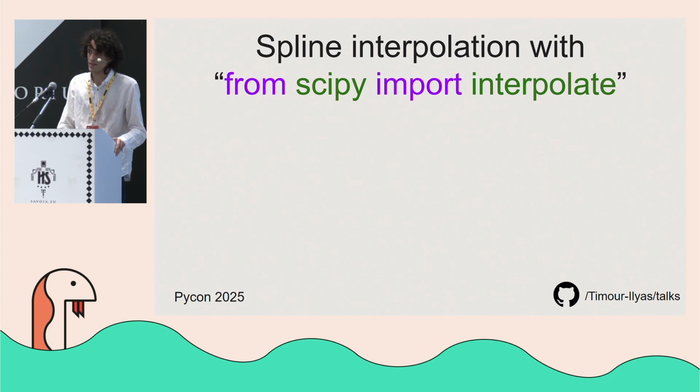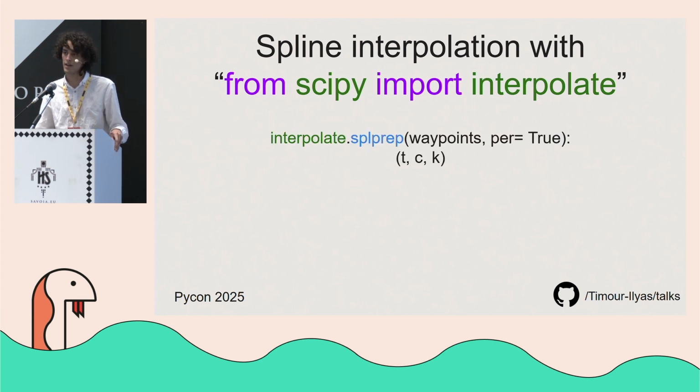And so the solution is given by the SciPy library with the B-spline method, which is made by a couple of SciPy methods. The first one is spline preparation. That's a SciPy method that allows us to create a parametric function that describes that line, and so the path.